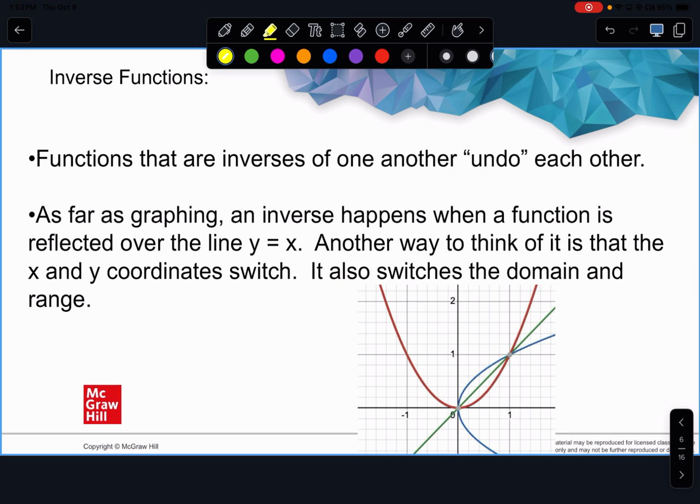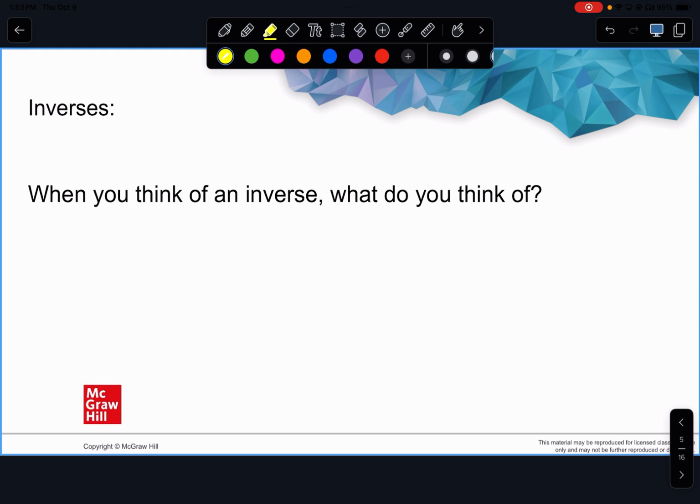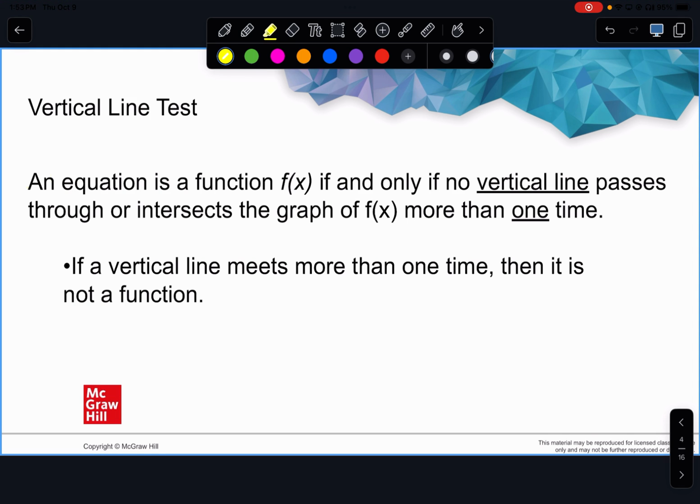Actually, that's not the part I wanted. Never mind. Okay, that was this part right here. An equation is a function if no vertical line passes through it more than once. Got ahead of myself a little bit.